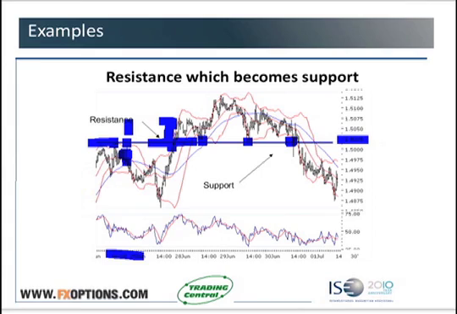So as you can see, it works three times as a resistance and three times as a support. It often happens that the price breaks its support or resistance level at the fourth attempt.